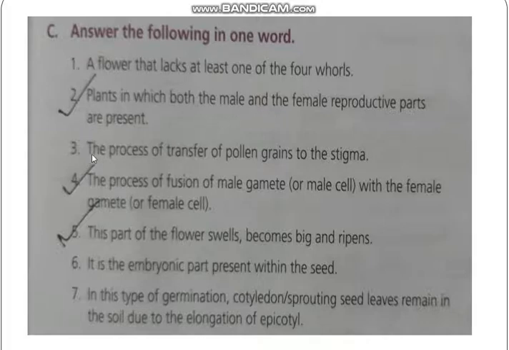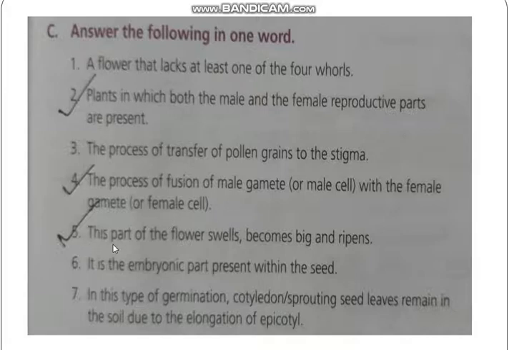Number 3, the process of transfer of pollen grains to the stigma. Answer is pollination. Number 4, the process of fusion of the male gamete or male cell with the female gamete or female cell. Answer is fertilization.